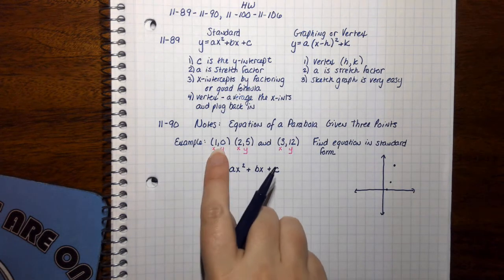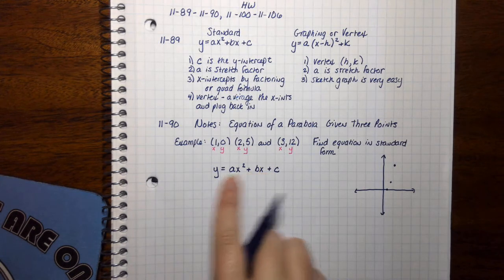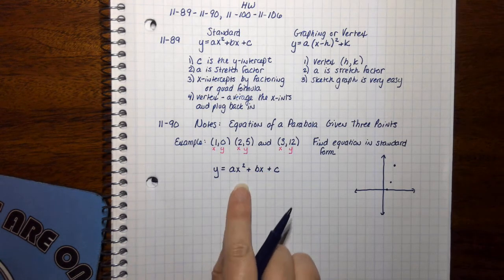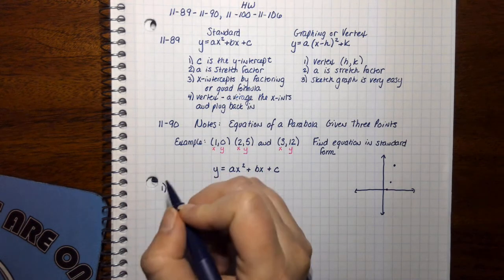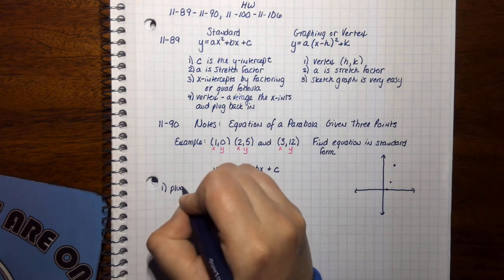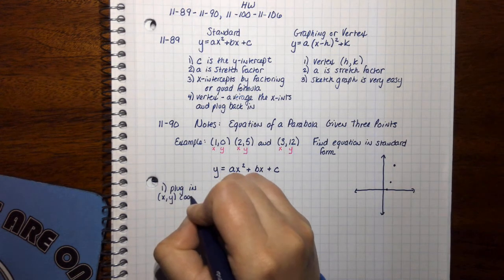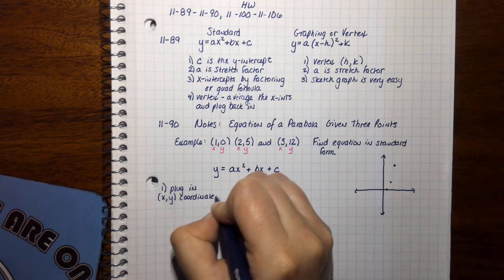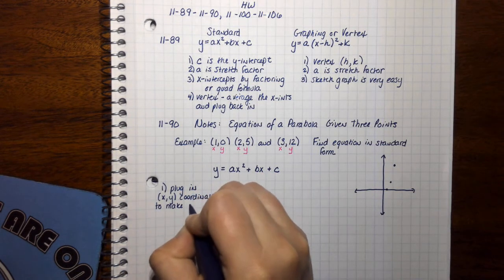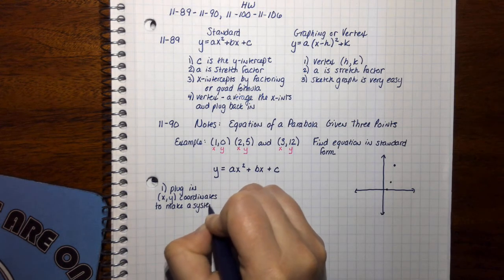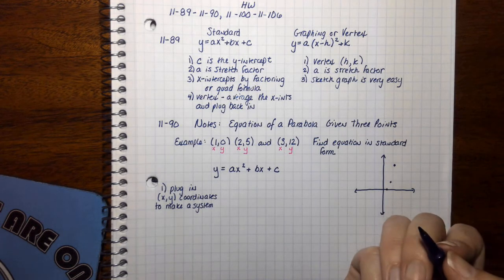What we're going to do is plug each one of these coordinates in for x and y in this, in a vertical list, and then we will have a systems problem. Okay, so step 1, plug in x, y coordinates to make a system. Okay, so let me show you what I mean by that.